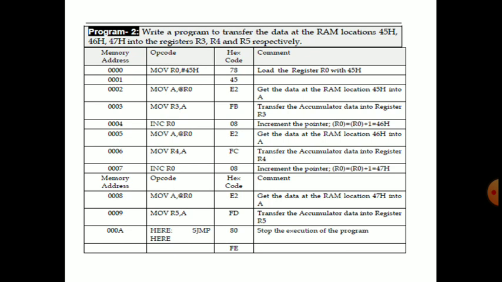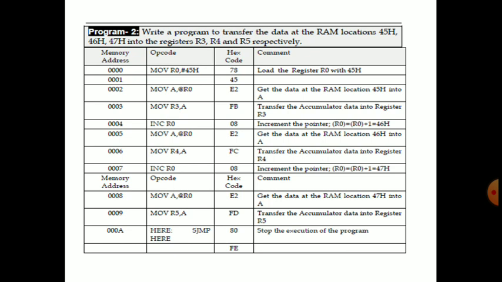So this is an example where we can directly write just 3 instructions instead of these 10 instructions, since we need only 3 addresses' contents to be moved on to the 3 registers.